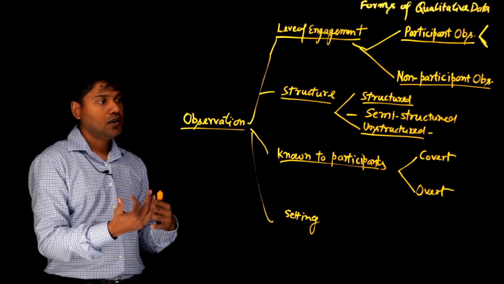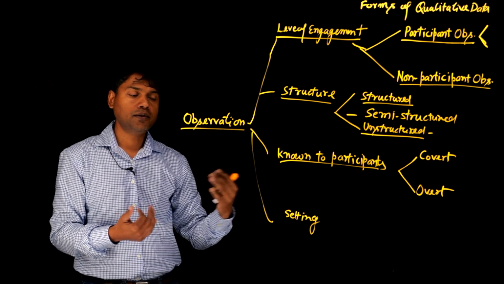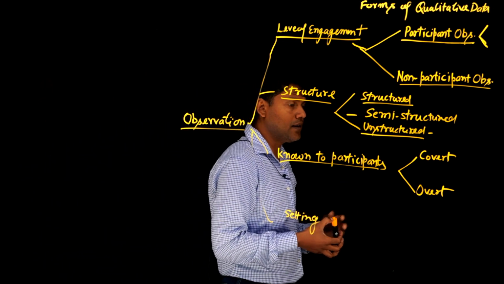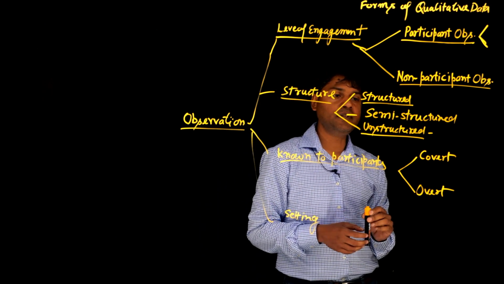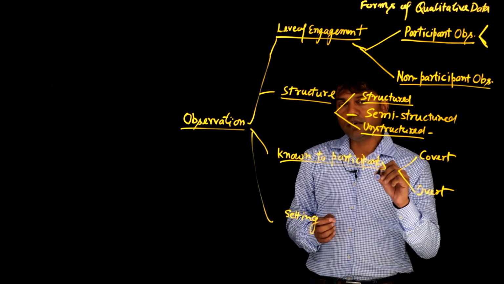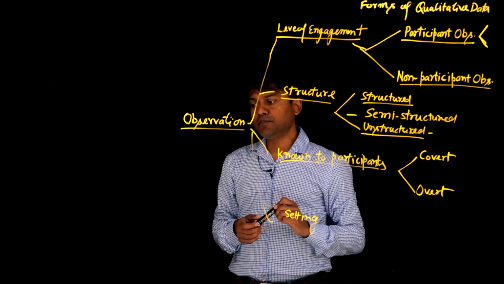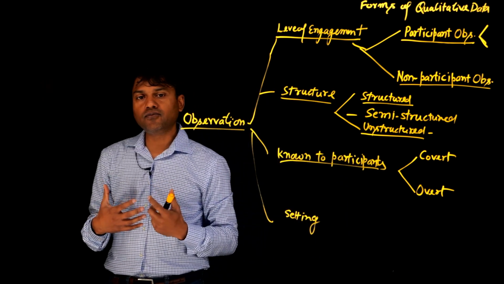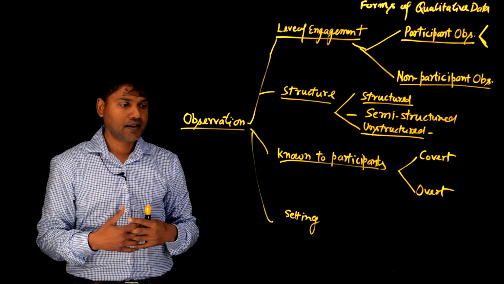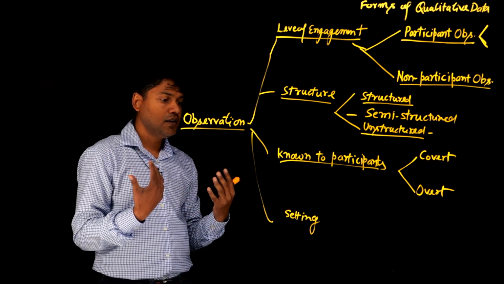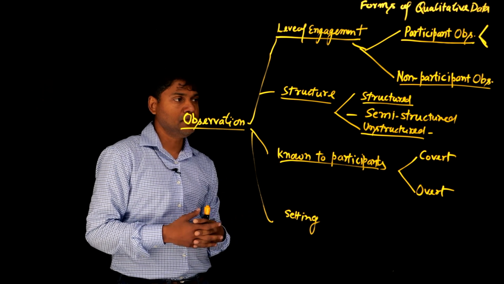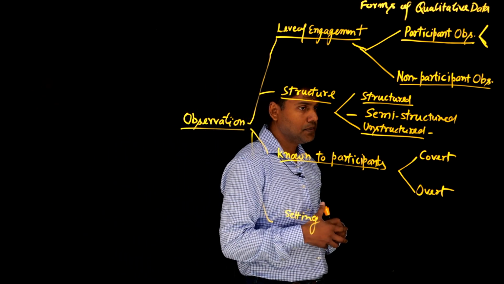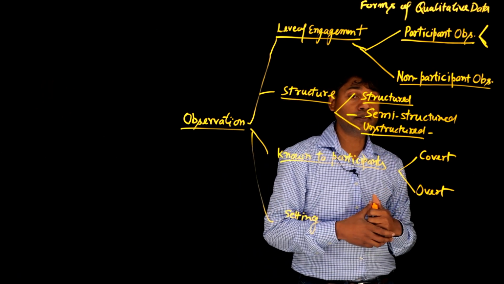Generally, a researcher does that if he or she believes that if the research participants know they are being observed, it might influence their behavior, how they respond to an activity, how they conduct themselves in that process. And you don't want that as a researcher.